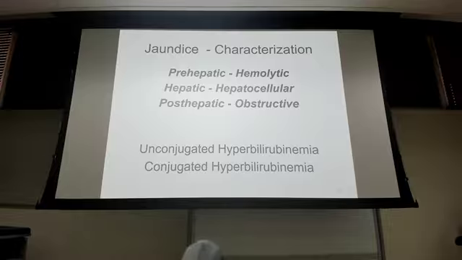Now we're just saying that it's hyperbilirubinemia caused by either prehepatic, hepatic, or posthepatic. Still the same terminology. Is it above 2 milligrams per deciliter due to a pre-liver issue, a liver-specific issue, or an obstructive cause, posthepatic?